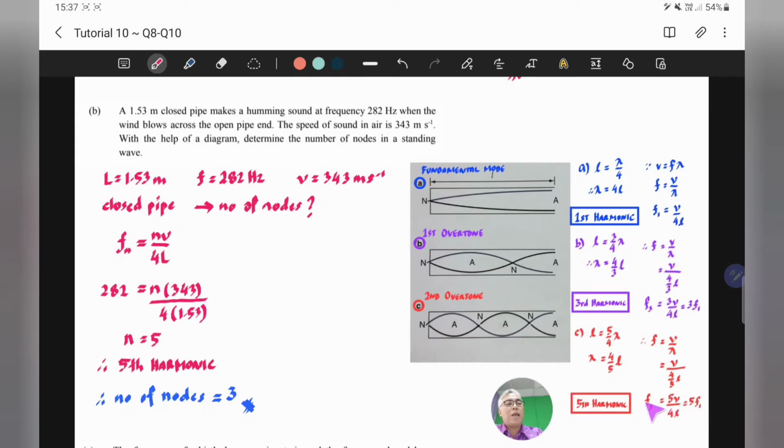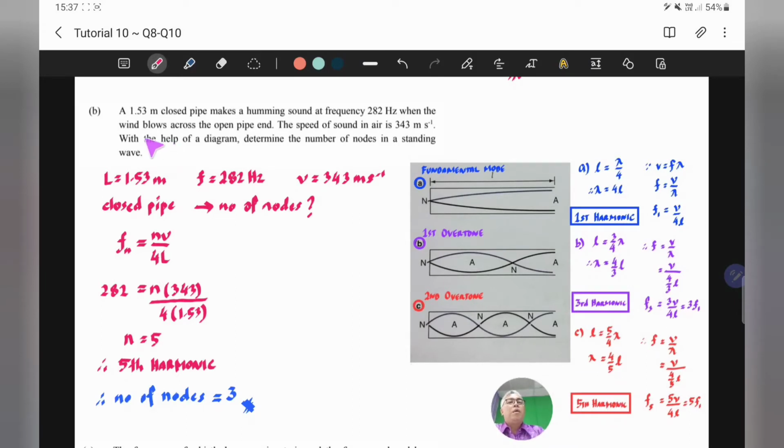So Fn is N F1, so N equals 5, giving F5 equals 5F1. So the second overtone gives you the fifth harmonic. So this is the way, remember.